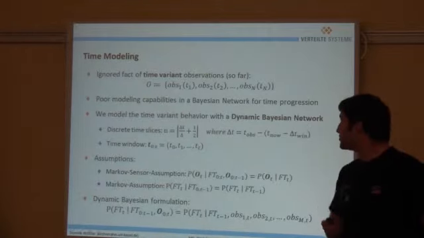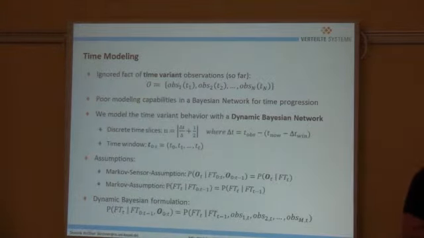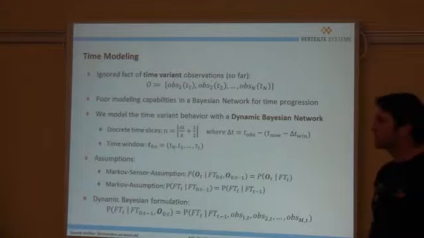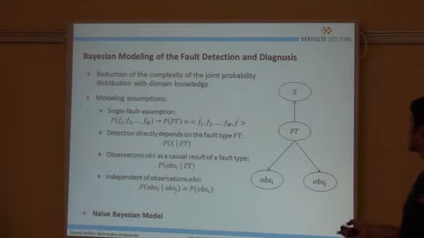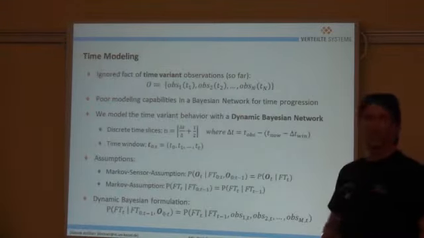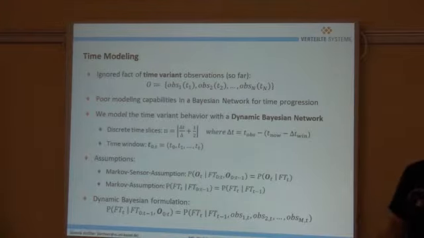Now, we're not done. We have still forgotten one more thing, namely that we have time variation. We have still ignored the fact that we have to model time somehow in that problem. Therefore, we have to extend that structure to a more dynamic structure, to dynamic Bayesian networks.